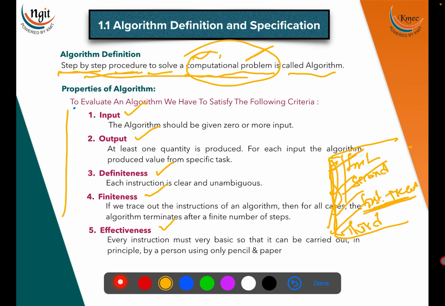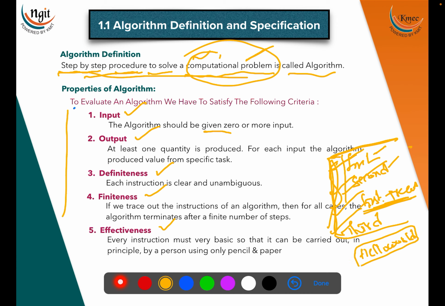Now, let's see what the properties are. Input is a property, and an algorithm can be given 0 or more inputs. As far as this example is concerned, how many input variables? 1 and 2. There can be an algorithm without input, such as hello world. Displaying a hello world message doesn't require any input variable.